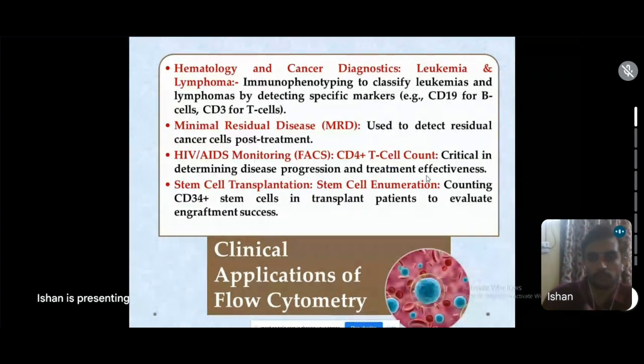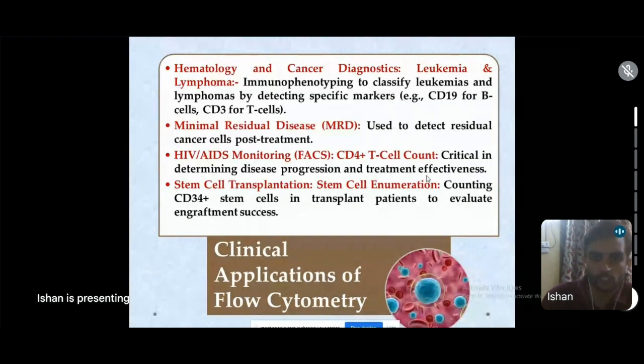So for that we need donor and host matching, whether their cells or components, their antigens, are matching, whether there is any kind of antigen-antibody reaction, or any kind of hypersensitivity. That can be assessed by flow cytometry, by assessing these surface molecules.